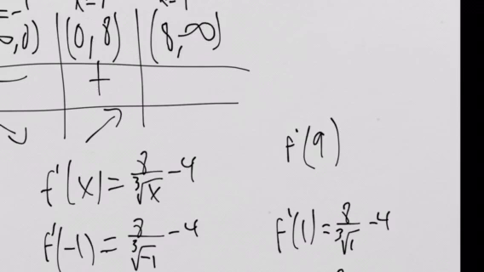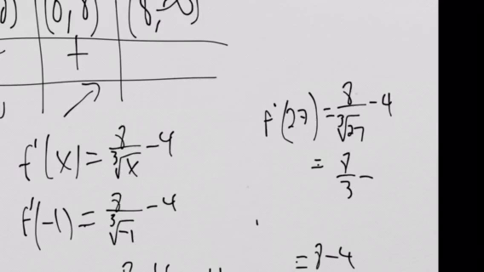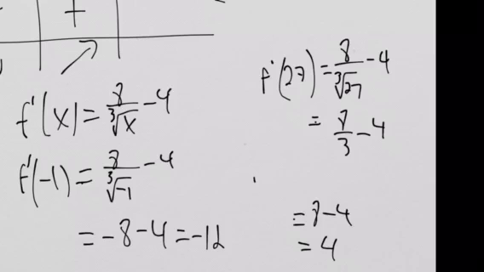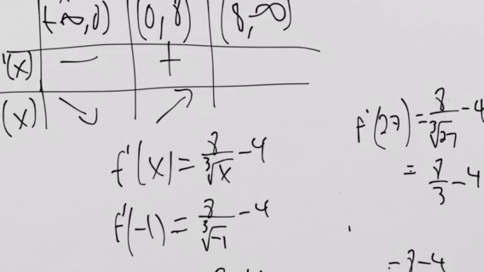So let's use x equals 27 instead, so that this is an easier calculation to do. f prime 27 equals 8 over the cube root of 27 minus 4, which is 8 divided by 3 minus 4. This is going to be negative because 8 over 3 is smaller than 4, since 4 would be 12 over 3. And we have a negative output, which means we are now decreasing again.